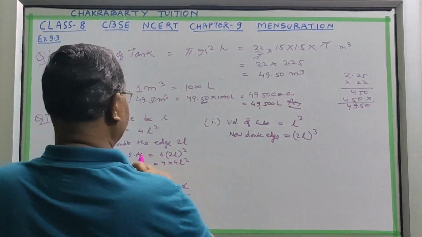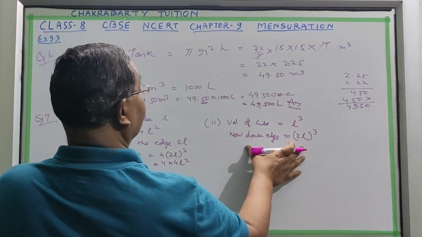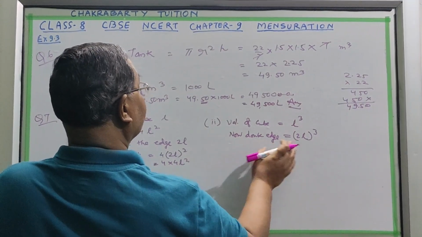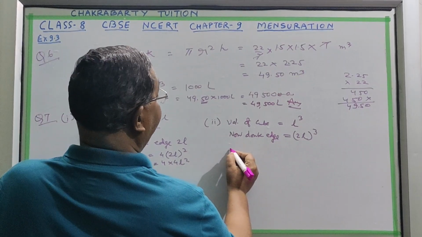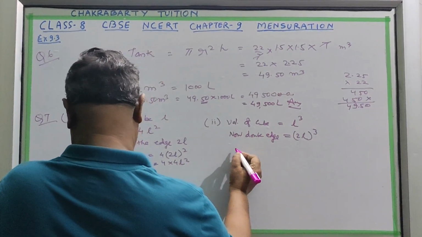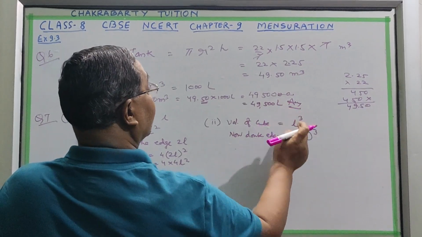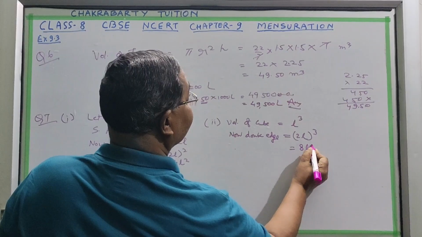So this is the new volume. Double the edge, it will be (2L) cube, and this is your old volume, L cube.